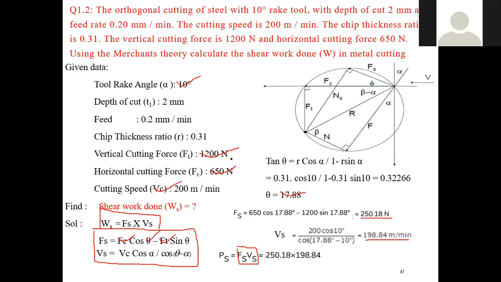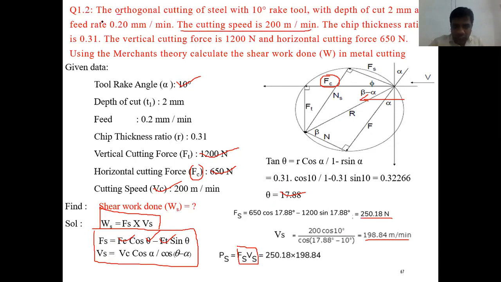Yes, Vc, you see. Vc is not Vs. Vc is not the horizontal cutting force; the horizontal cutting force is Fc. Vc is the cutting speed at which your cutting tool is moving. Vc is clearly mentioned: cutting speed is 200 mm per minute. It's not feed. Don't take feed as the cutting speed, feed is different and cutting speed is different.